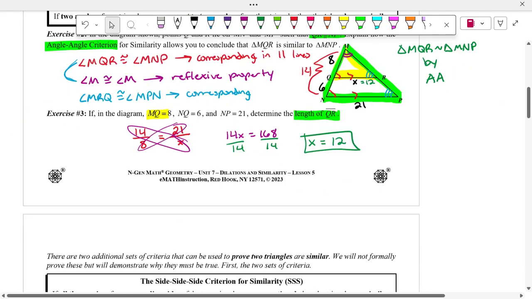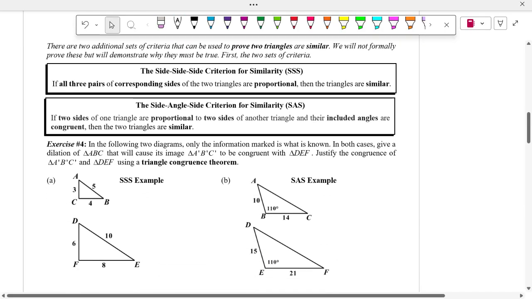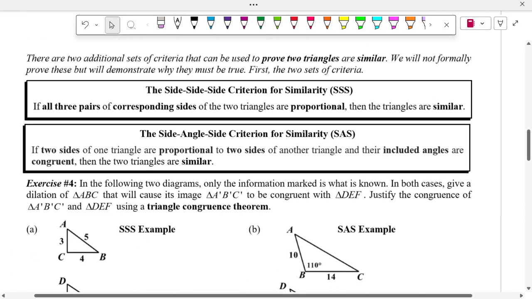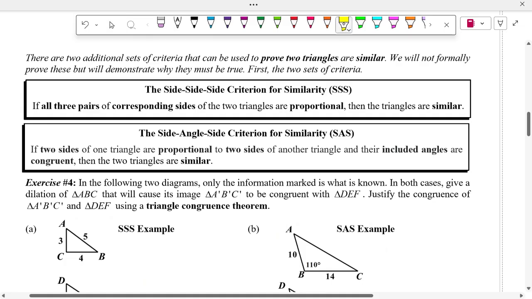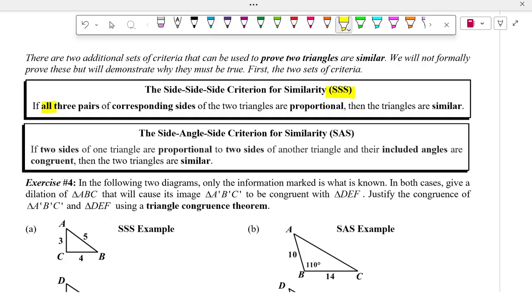All right, so that's angle criteria. The other two are side, so SSS, which means all 3 pairs of corresponding sides are proportional. And side, angle, side, so SAS.